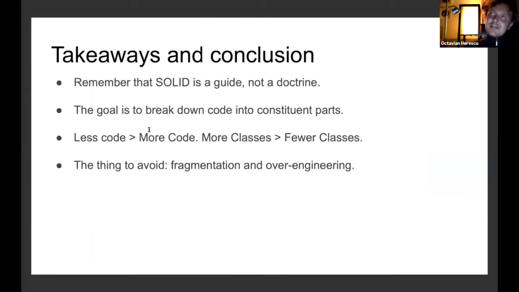Twenty smaller classes that are easily testable and easily understandable are much better than one large one with 10,000 lines of code. People at Touch Bistro, I'm sure, are nodding in agreement.